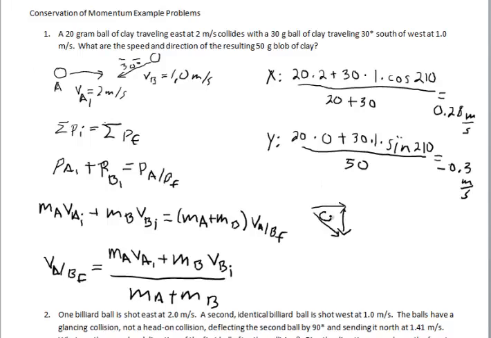So we need to get the angle, this angle here. This side is 0.28. This side is negative 0.3. To get the hypotenuse, the net velocity, we'll call V.